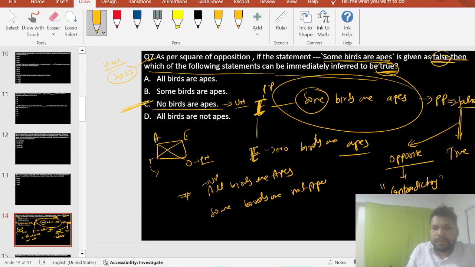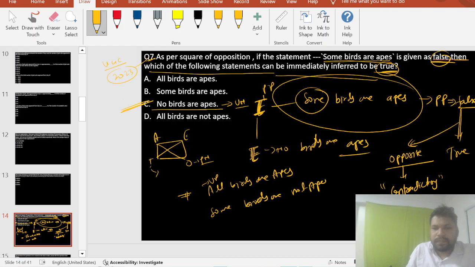Okay. Similarly, you can see here the next question I will take. It is given: which of the following statements are so related that they cannot be true, but they can be false? You search that sentence, which is it, a contrary or sub-contrary?